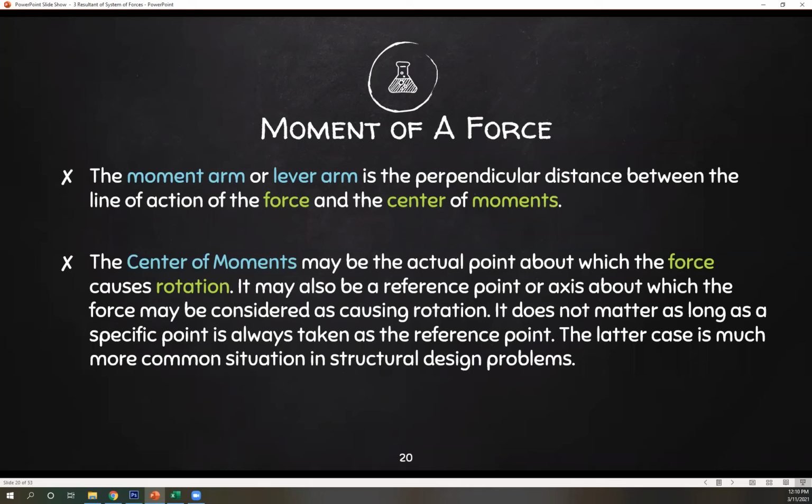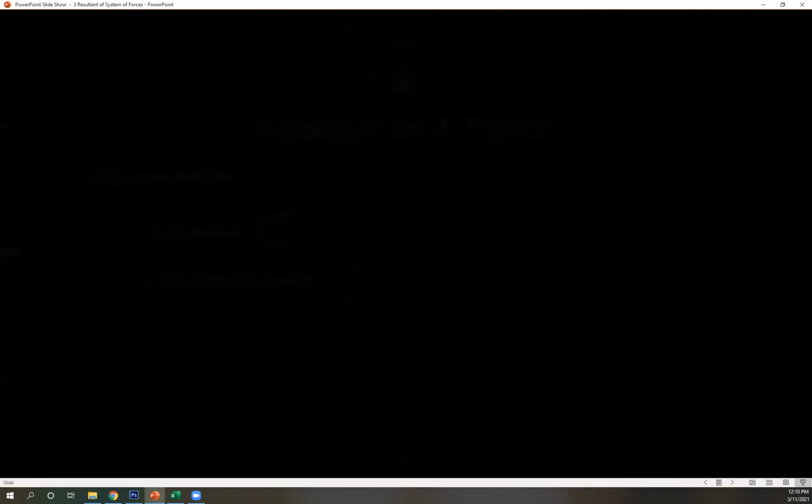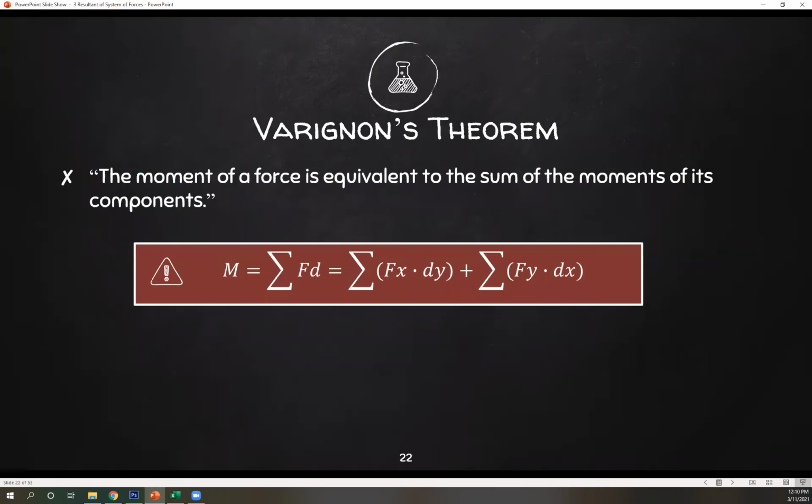But once again, what if we don't know that perpendicular distance? You're going to use Varignon's theorem. According to Varignon's theorem, the moment of a force is equivalent to the sum of the moments of its components. We already know how to take components, right? So therefore, you know Fx and Fy.